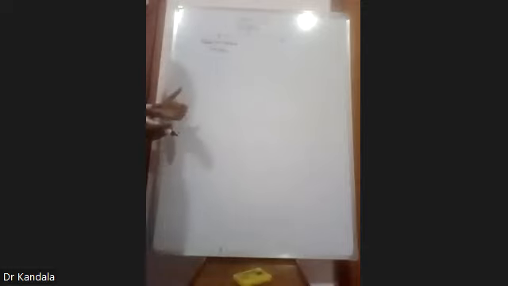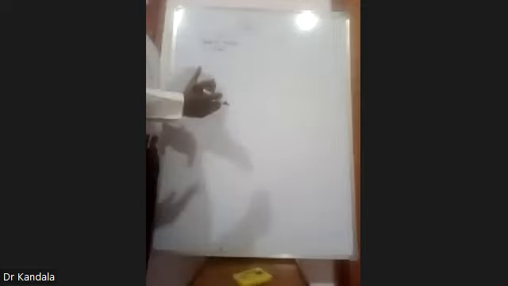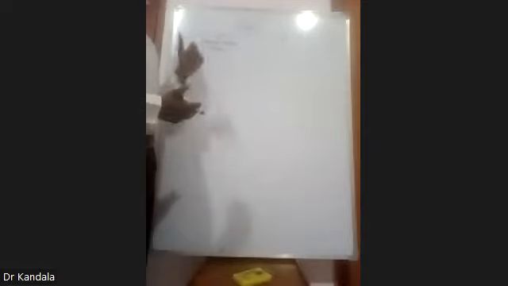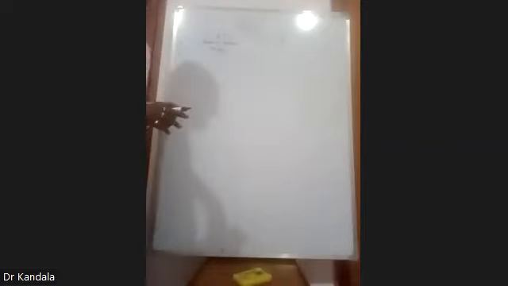Whether it is acidic in nature, it has to be called an acidic oxide. If it is basic, a basic oxide. If it shows both acidic and basic characteristics, it has to be called an amphoteric oxide. If it shows neither acidic nor basic character, it acts as a neutral one. Therefore, it is called a neutral oxide.